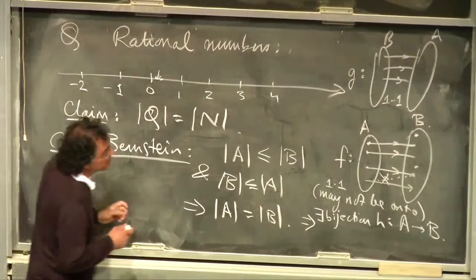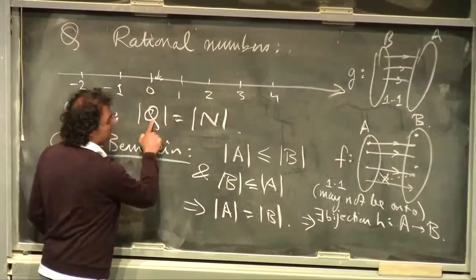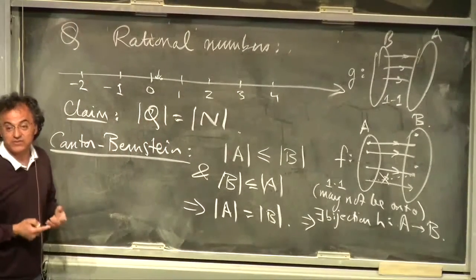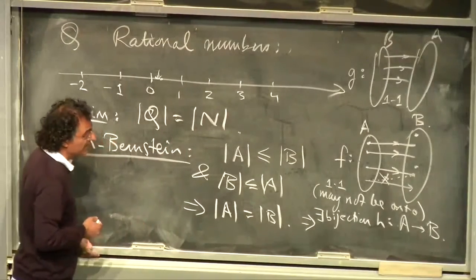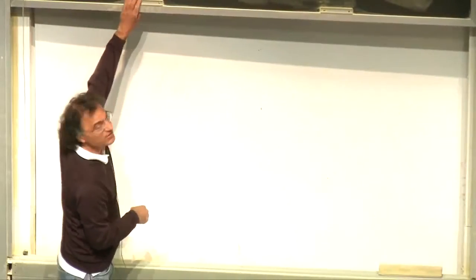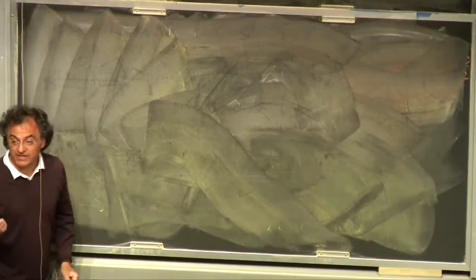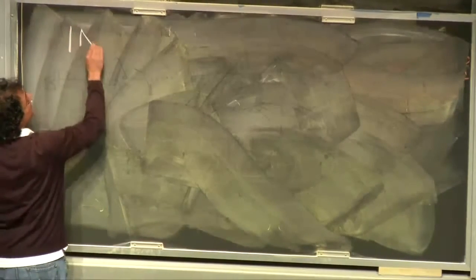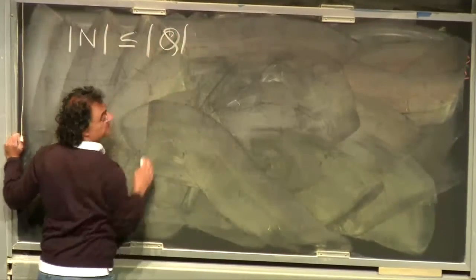So how did we get to Cantor-Bernstein? We were trying to show that the number of rational numbers is equal to the number of natural numbers. There's something that we can say very easily: the number of natural numbers is at most the number of rational numbers.